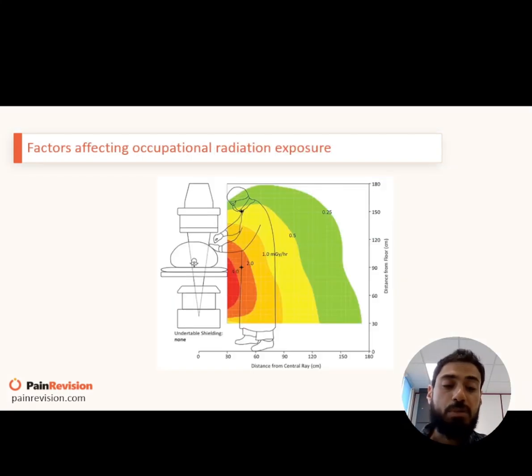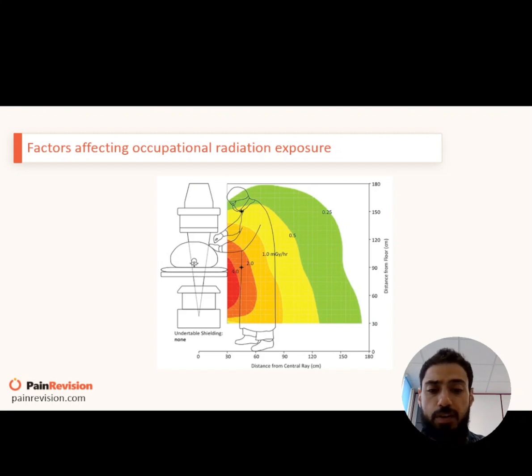And the other factor I've mentioned earlier when it comes to radiation exposure is distance. And distance is the most important factor when it comes to radiation exposure. And that's because radiation exposure is inversely proportional to the square of the distance from the source. So if you double your distance from the X-ray source, that reduces your radiation exposure to 1/4.